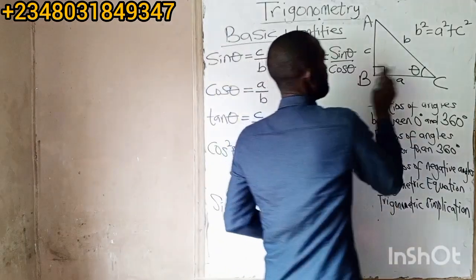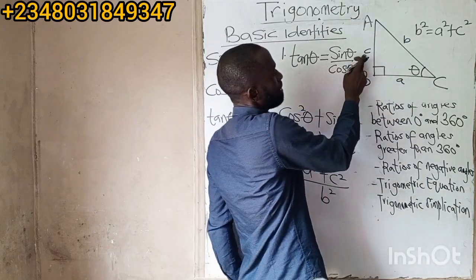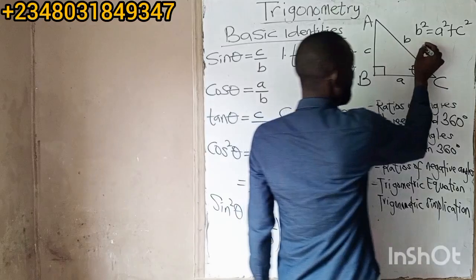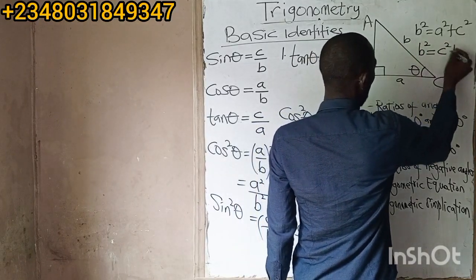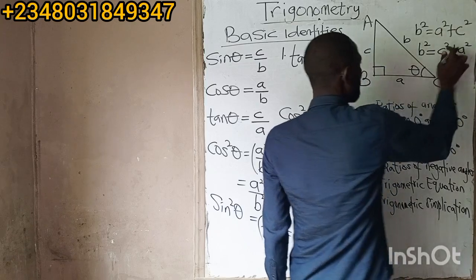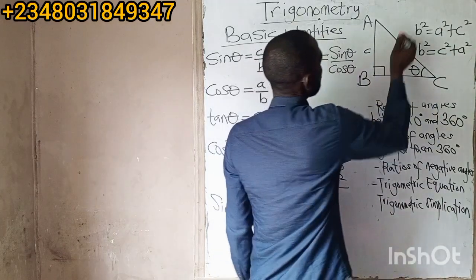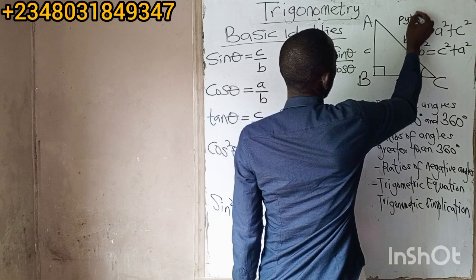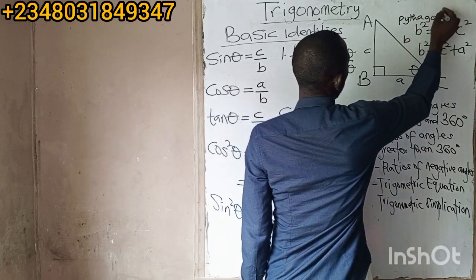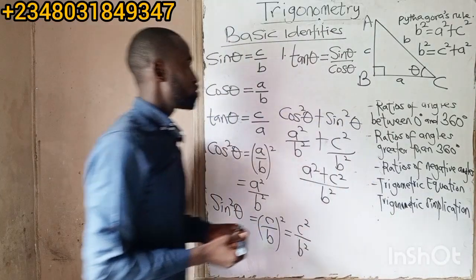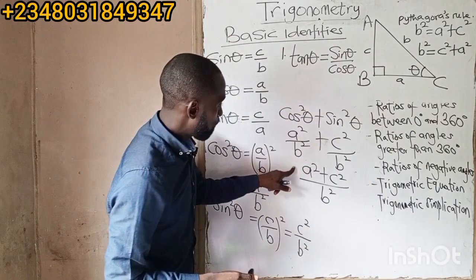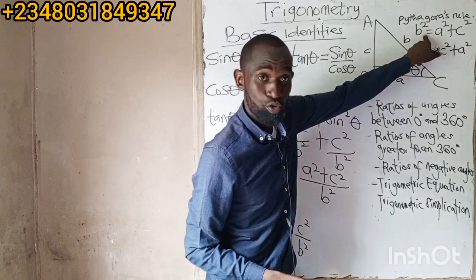Because some people will say the opposite is C. B squared, hypotenuse squared, is equal to C squared plus A squared. This one and this one, they are the same thing. I'm using Pythagoras theorem here, or Pythagoras rule. So A squared plus C squared will give us B squared.